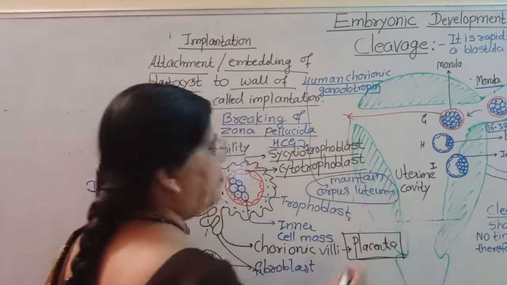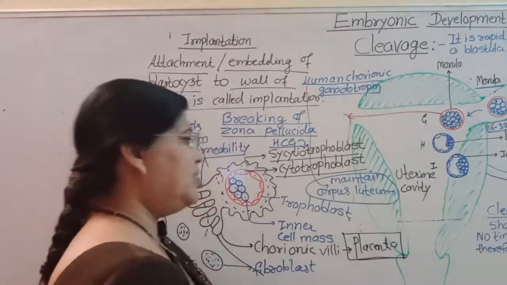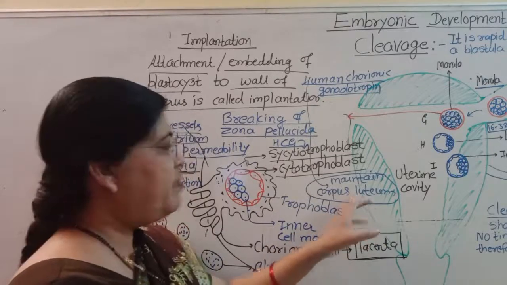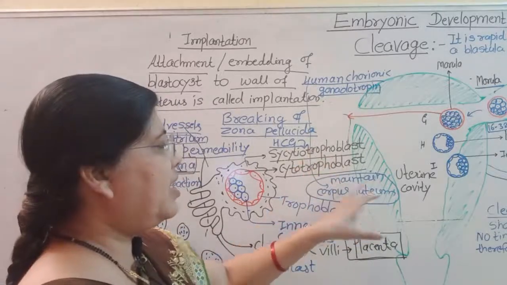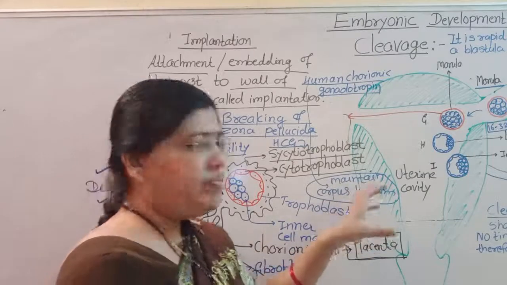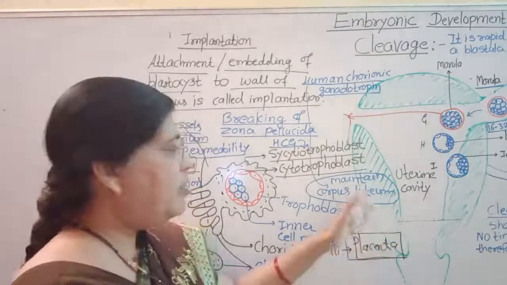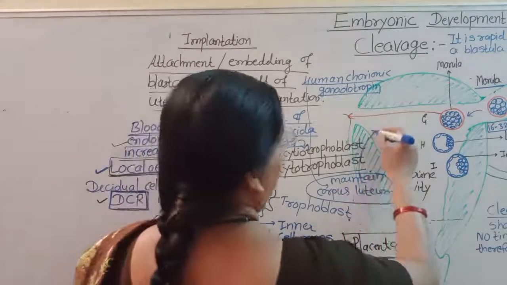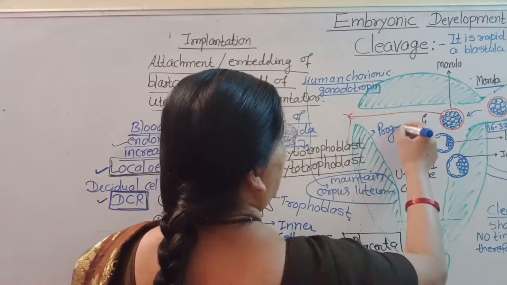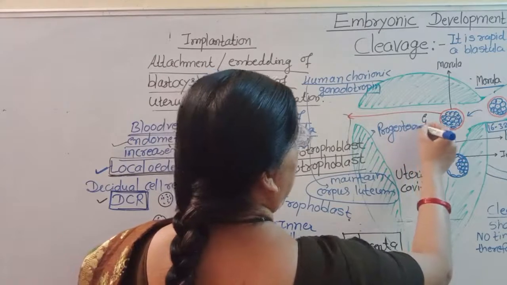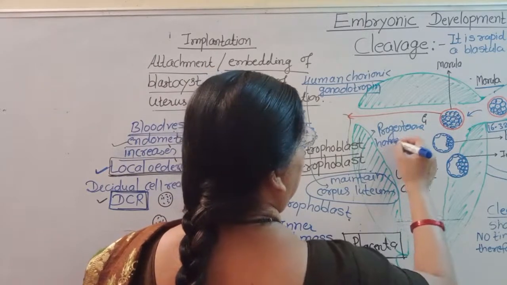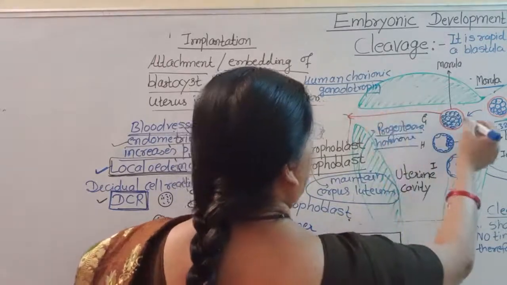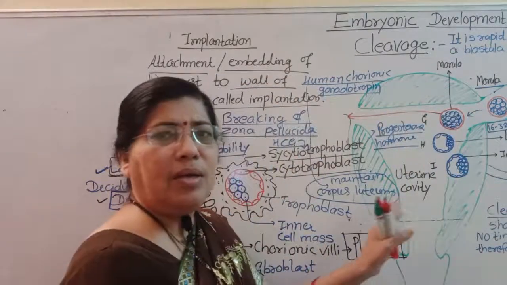Corpus luteum is formed after ovulation, and this corpus luteum is the empty Graafian follicle. It is an endocrine structure which is present in the ovary, and this corpus luteum secretes progesterone hormone, and progesterone hormone maintains pregnancy.